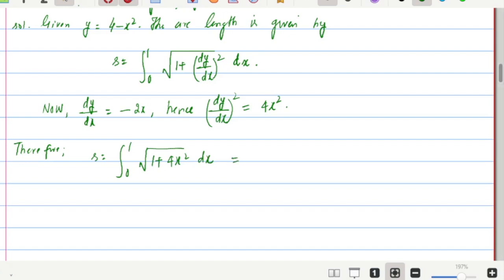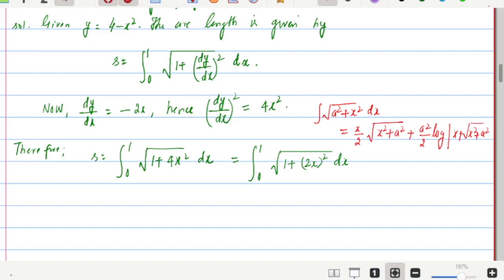Now this can be expressed as integral from 0 to 1 square root of 1 plus 2x whole square. तो अब यहाँ पे जो हमारा इंटीग्रल है, we have इंटीग्रल ऑफ द फॉर्म a square plus x square. तो जो यहाँ पे हम मेंशन करके रखेंगे, इंटीग्रल ऑफ a square plus x square dx, this is equal to, तो इस तरह से हम इस इंटीग्रल को डिफाइन करते हैं.